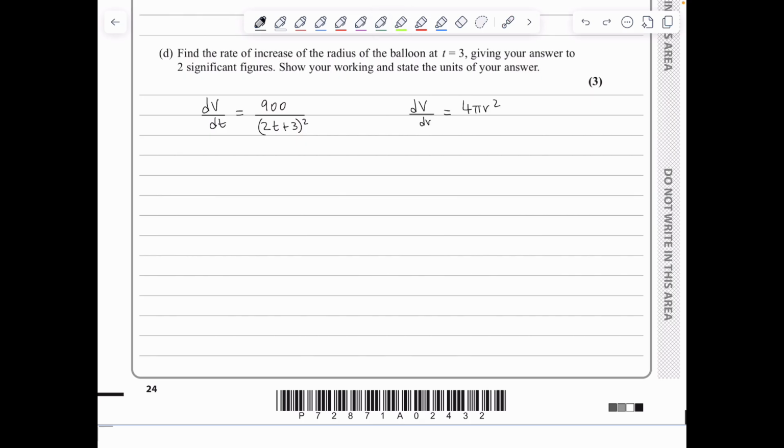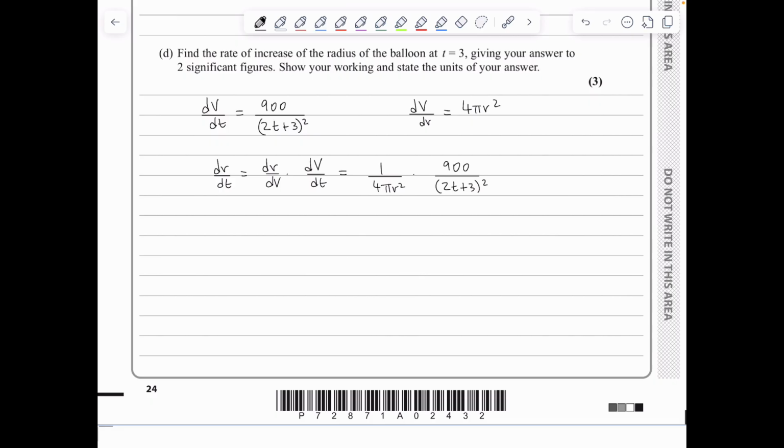So I'm using the chain rule here. dr/dt is equal to dr/dV times dV/dt. So we've got dV/dr, so dr/dV is simply the reciprocal of this, so it's going to be 1 over 4 pi r squared times the 900 over the 2t plus 3 squared, which is the dV/dt.